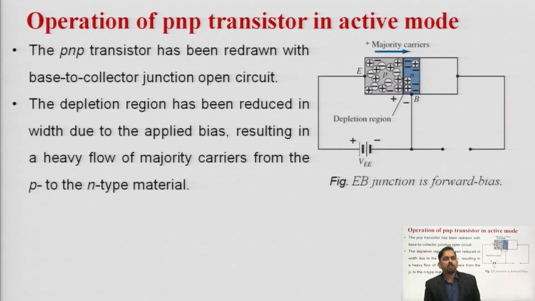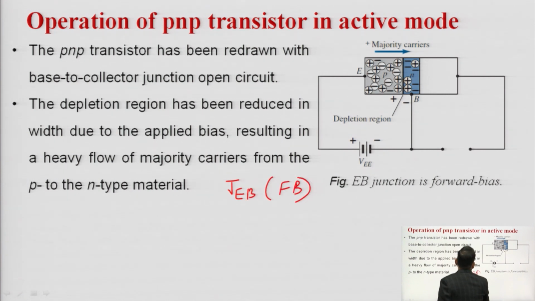Now, we will see the operation of, let us say, a PNP transistor in active mode. In the active region, the emitter base junction has to be forward biased and the collector base junction has to be reverse biased.